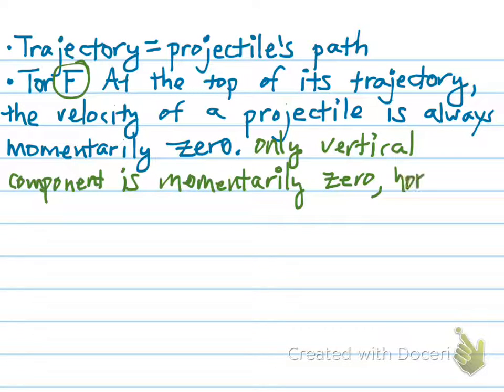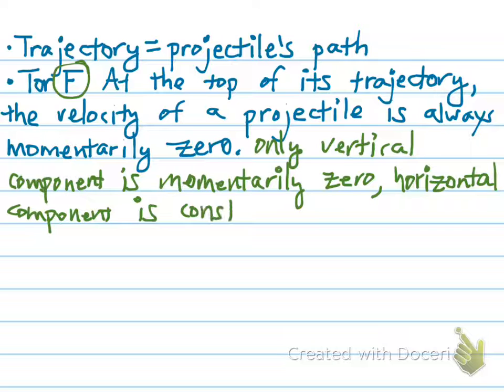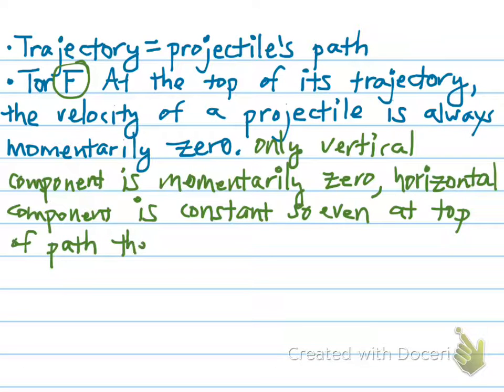The horizontal, remember we talked about this when we looked at that ball launching. The horizontal component is constant. It's unchanging. So even at the top of the path, there's horizontal velocity.